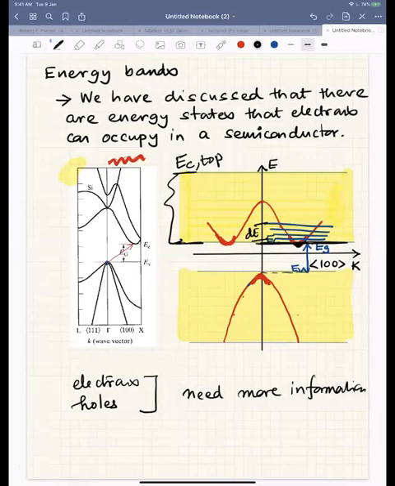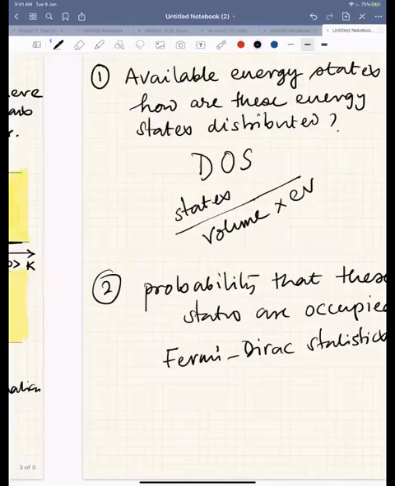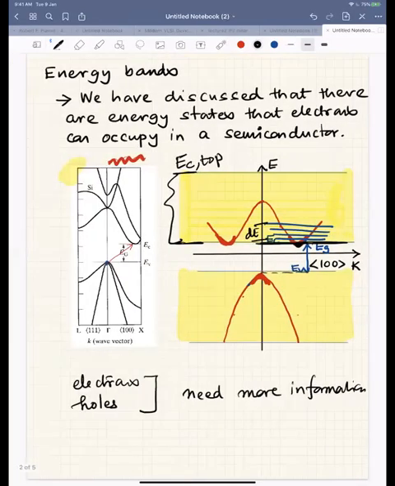Since EC is the reference, the bottom of the conduction band, we have E minus EC coming into the picture. This E minus EC is nothing but the kinetic energy of the electron. Electrons are at the bottom of the conduction band, and if you increase their energy, they move towards the top of the conduction band, which means the kinetic energy increases.